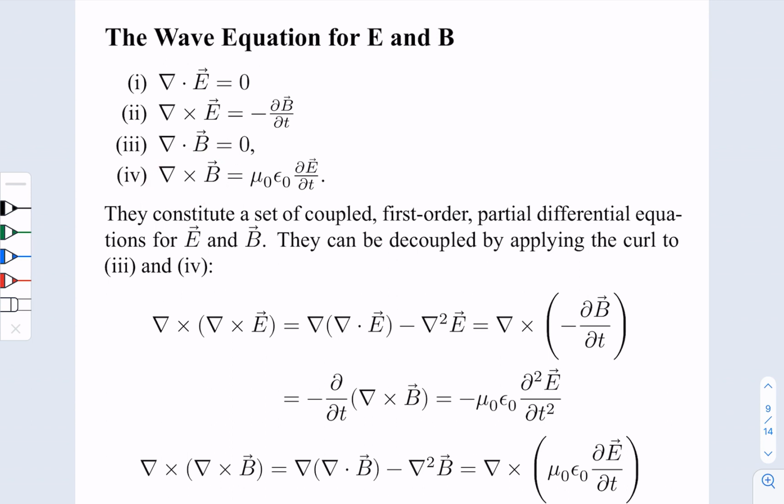Say we apply a del cross on the del cross E. Then we have this identity for the second order differential.